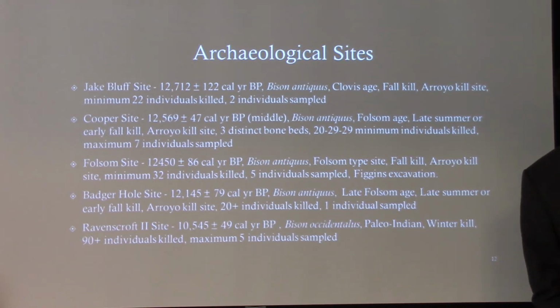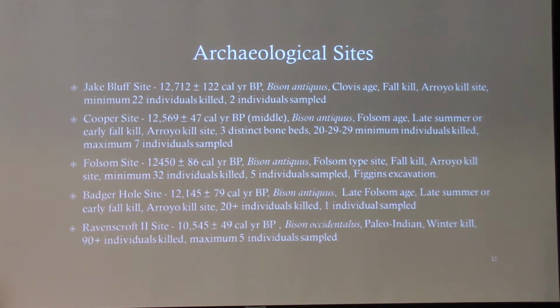I don't actually know the exact number because the teeth that I had access to were from the slump deposit, so they were bones that had fallen out of the bluff, and so they didn't have a specific individual that they were attributed to. So I know I had access to 7 teeth. They probably didn't come from the same individuals, but they may have. So a maximum of 7 individuals sampled.